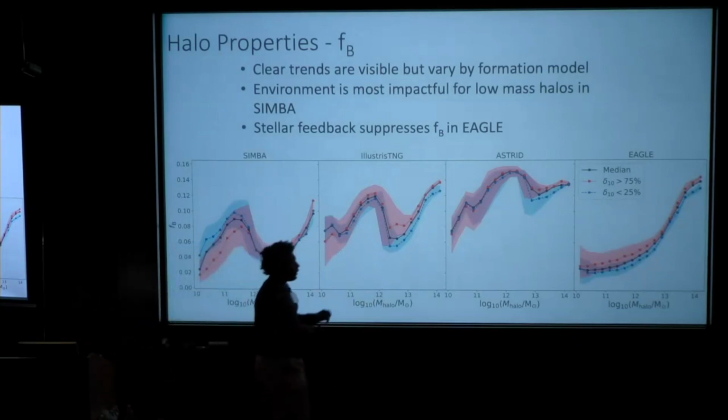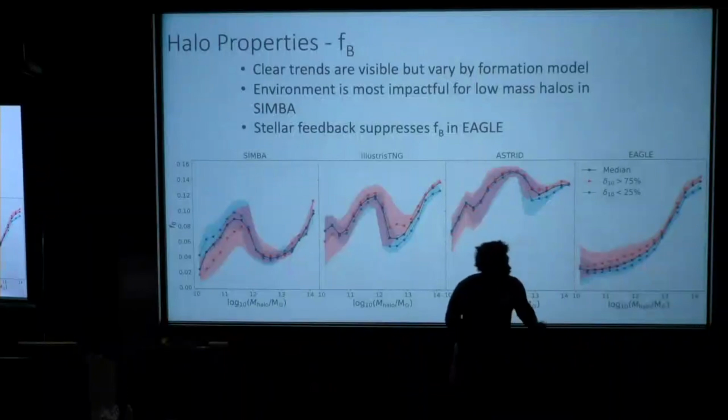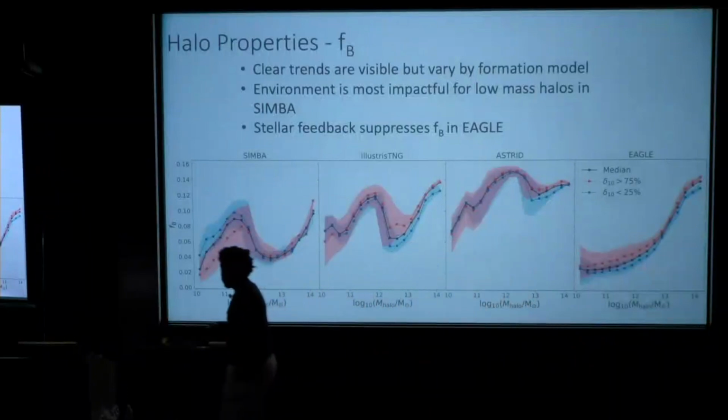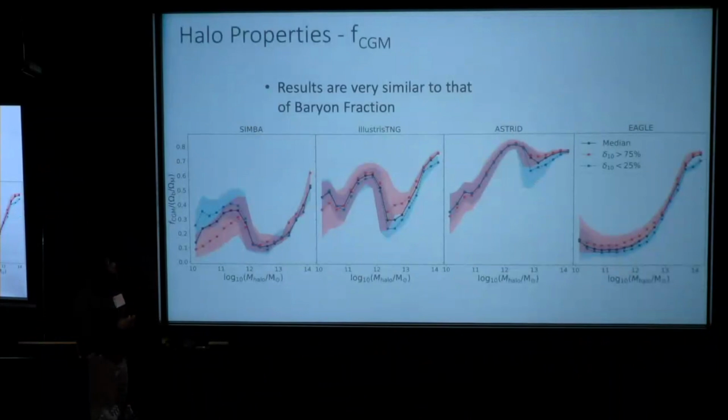The interpretation for this is that because stellar feedback is so efficient at suppressing star formation in Eagle and blowing things away, it's better to be in a more dense region where the more powerful potential well is going to help you hold on to those baryons. Looking at CGM fraction, we see systematic trends that are identical to that of baryon fraction.